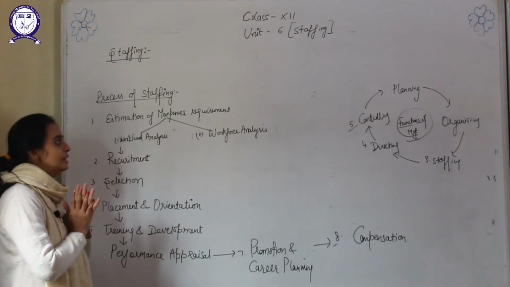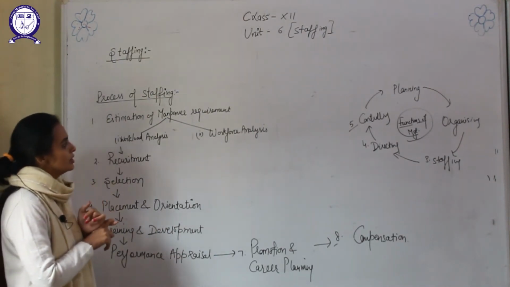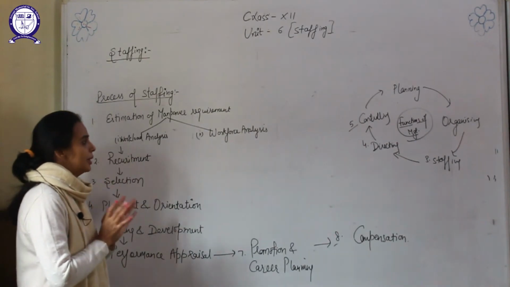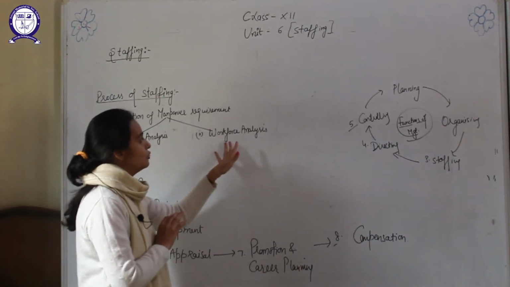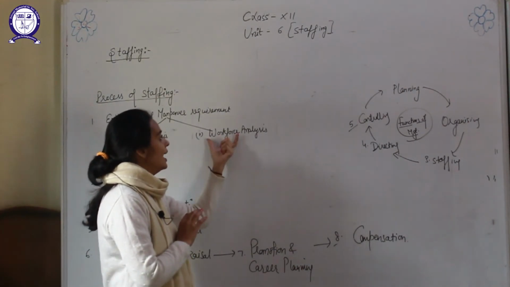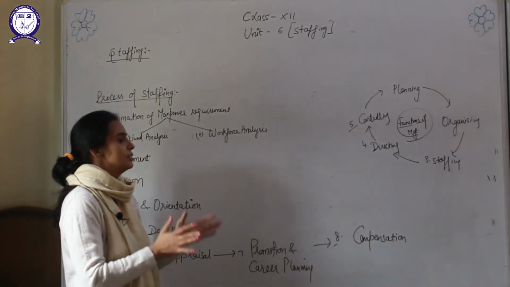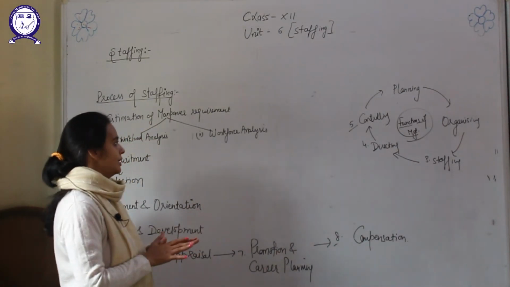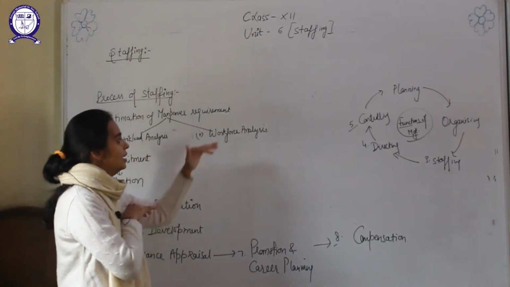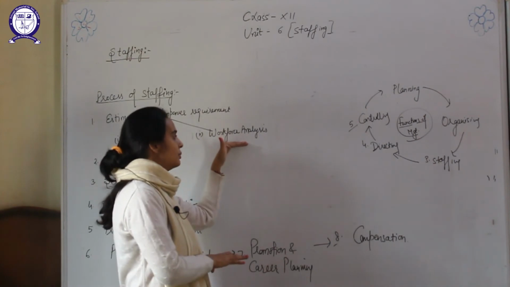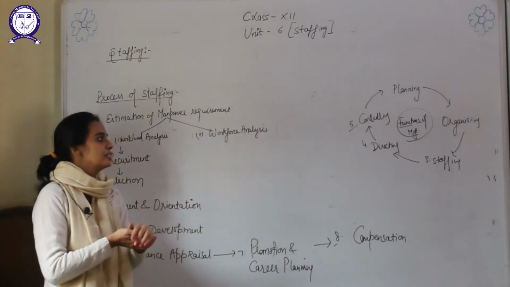Suppose 20 employees are required to complete a particular project, and then he does the workforce analysis, the analysis of manpower, of how many employees are present in the organization. Suppose 20 employees are required to complete a project and 10 are already available, so 10 more employees will be hired by the organization.